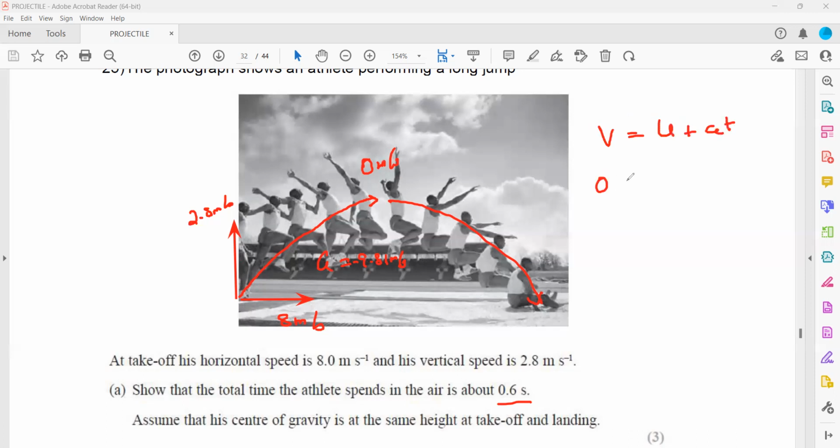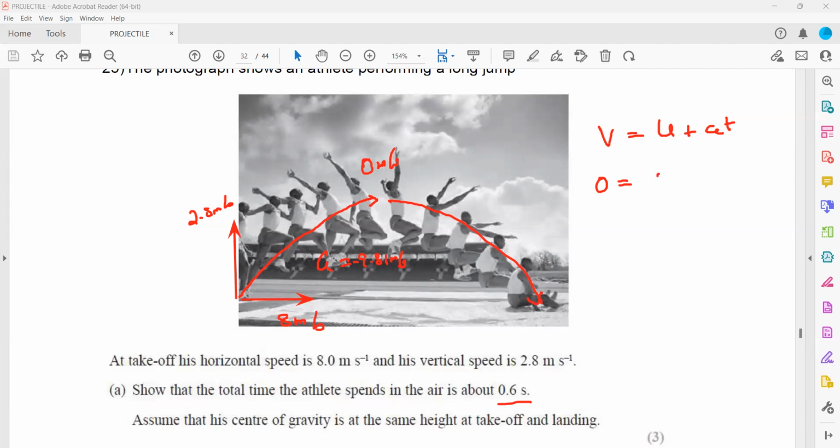The final vertical speed is 0. The initial vertical speed is 2.8, as they already mentioned in the question. And the acceleration is due to gravity, which is 9.81.